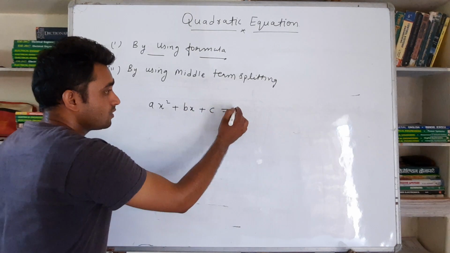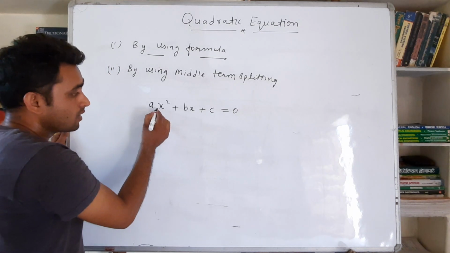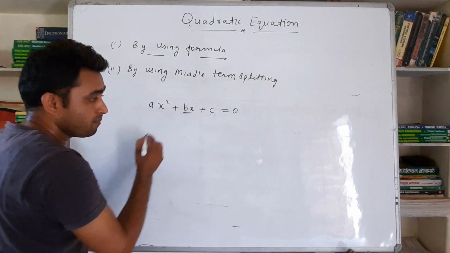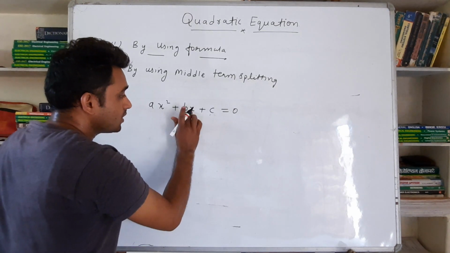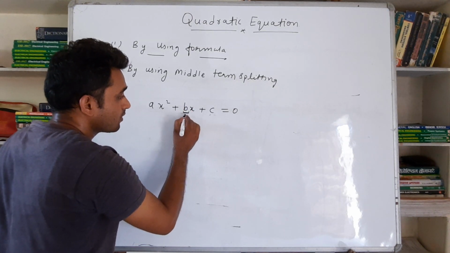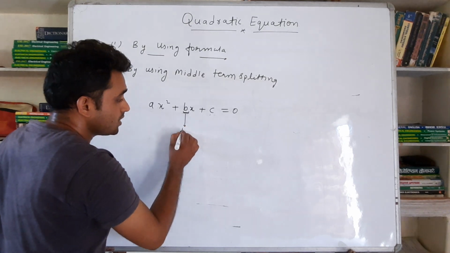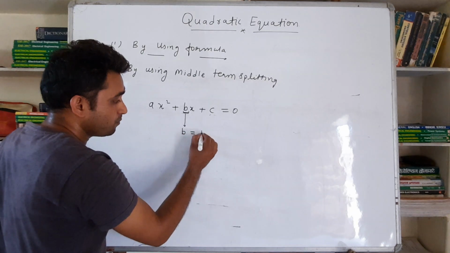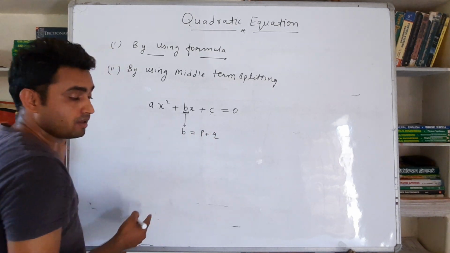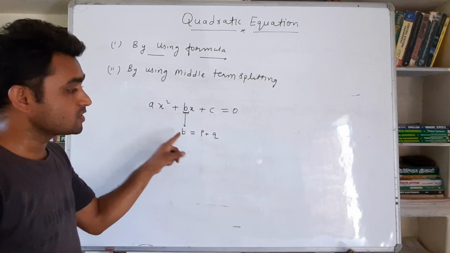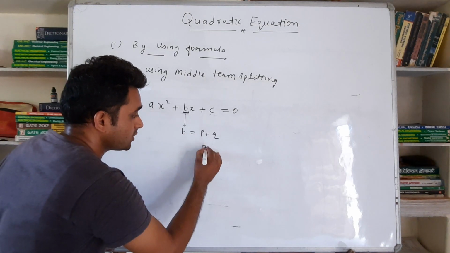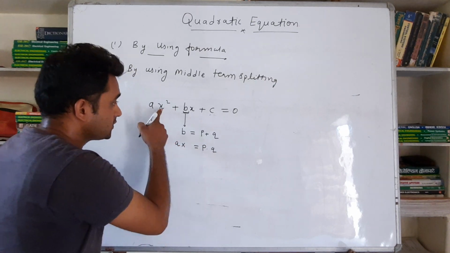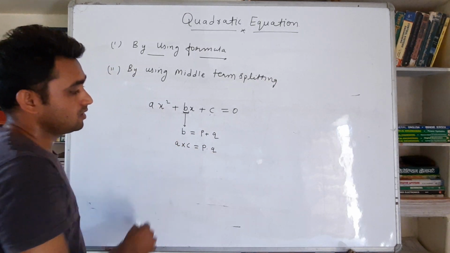So what is our middle term? This is the first term, this is the second, and this is the third. So this is our middle term. We will deal with the coefficient of the middle term. We have to break this coefficient b of x in such a way that the addition of the split terms should be equal to b, and the product of the split terms should be equal to the product of the coefficient of x square and the constant term.